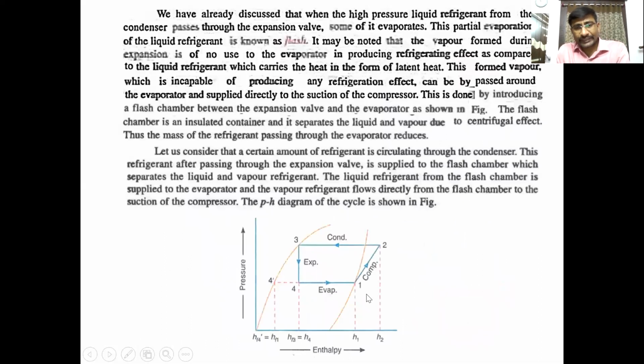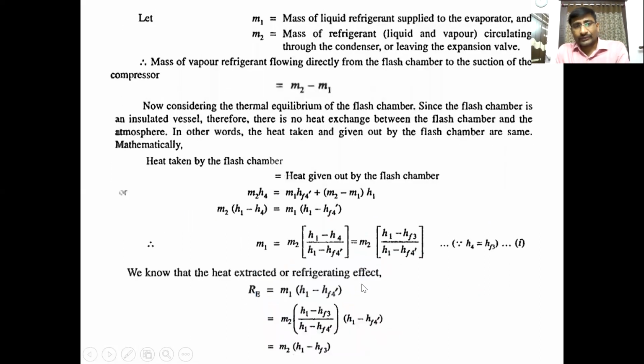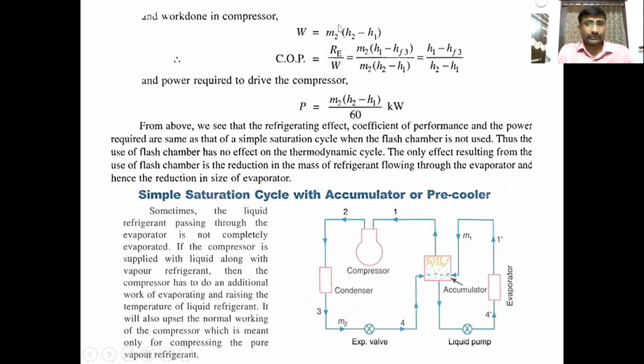Why are we taking M2? Because the total amount of refrigerant is passing through the compressor. In the simple saturation cycle also, the total amount of refrigerant is compressed, into the change in enthalpy H2 minus H1. So by placing the flash chamber, the work done is not changing. It is the same as the simple saturation cycle without the flash chamber. Therefore, the work done is M2 into (H2 minus H1) itself.